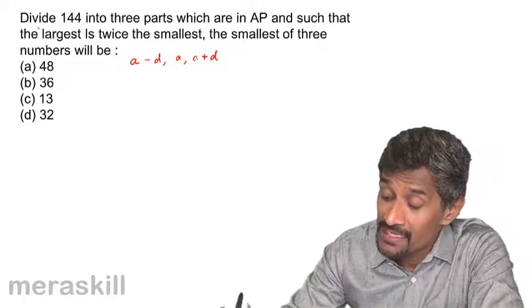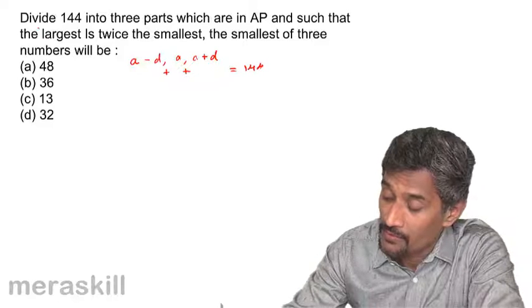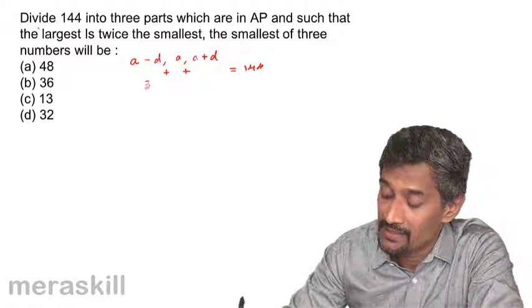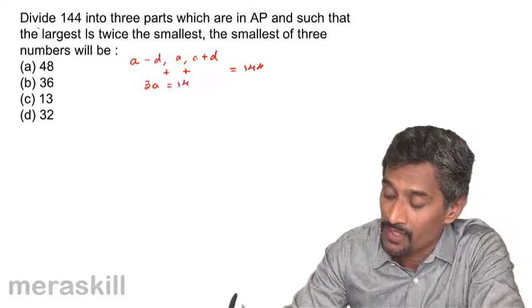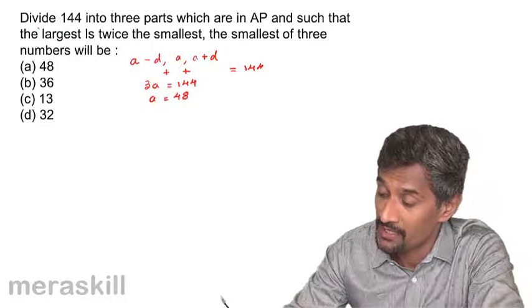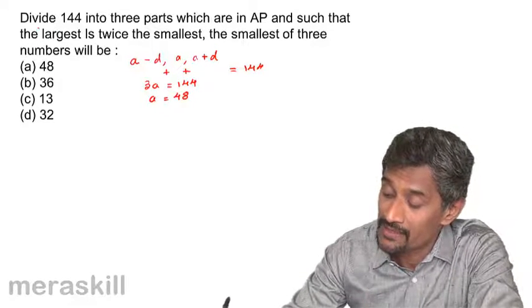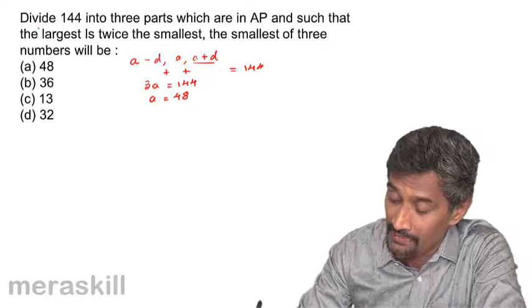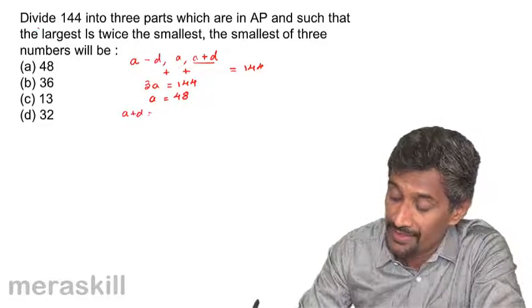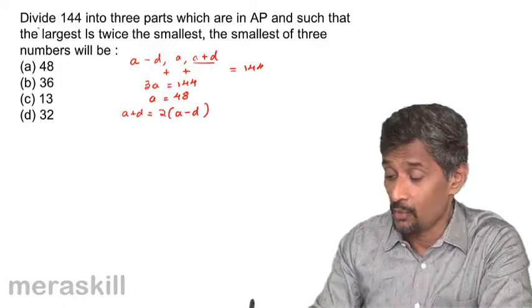Now their sum is going to be 144. So minus d plus d get cancelled, and you get 3a is 144. So a turns out to be 48, right? 144 by 3, 48. Now it is told that the largest is twice the smallest. That is, a plus d is twice the smallest. Now we know what a is.